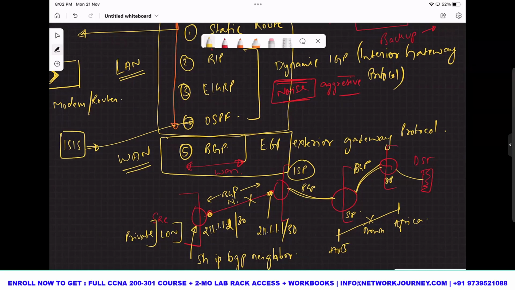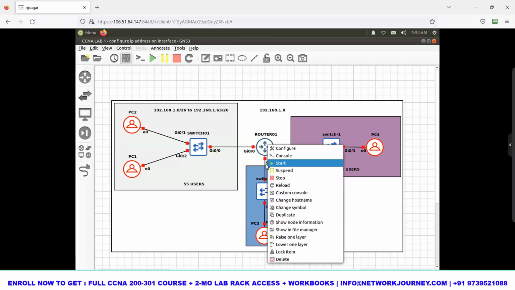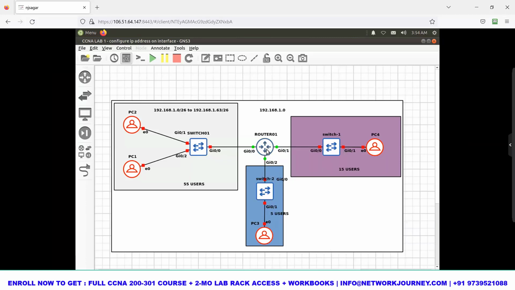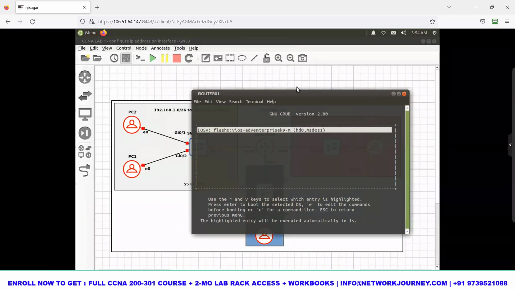Apart from that, there is no other protocol. So let me show you one router. How do you check the routing protocol and what are the different commands?